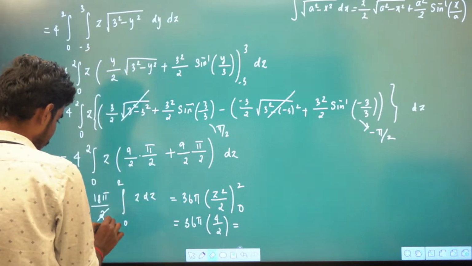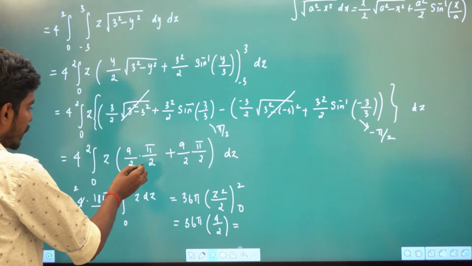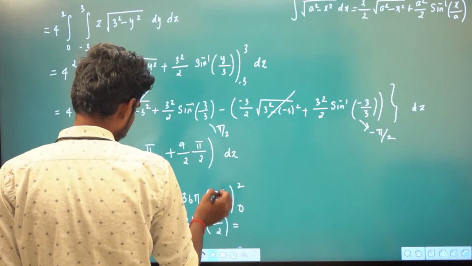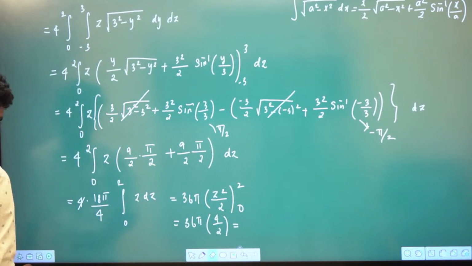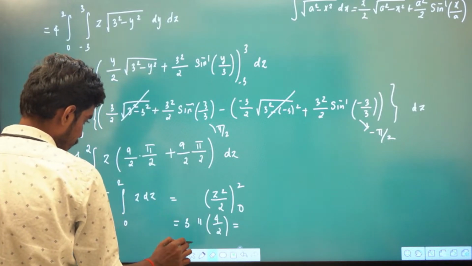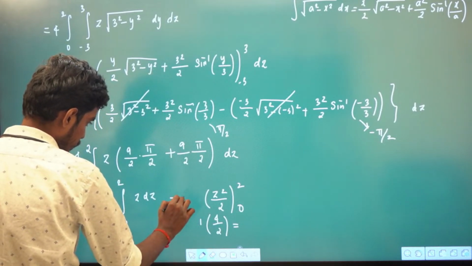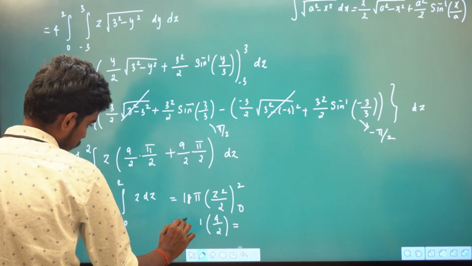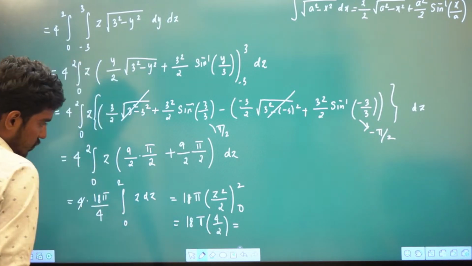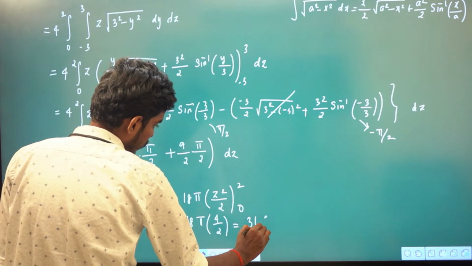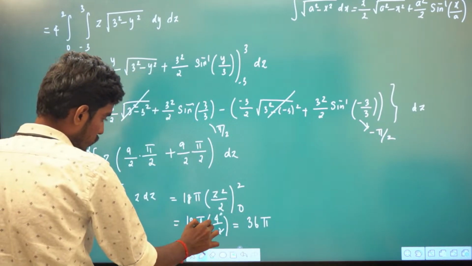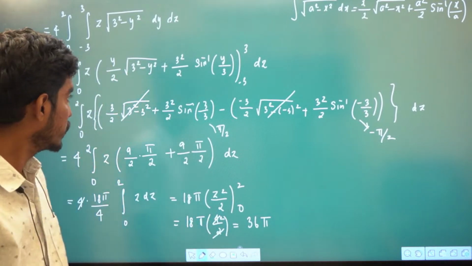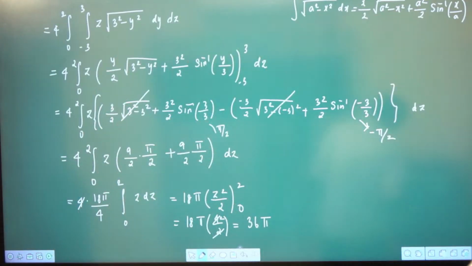So 9 pi by 4 plus 9 pi by 4, it is 18 pi by 4. Sorry, sorry. This will be 18 pi. So this will be 36 pi. So 36 pi is our volume integral, right? 36 pi is our volume integral.